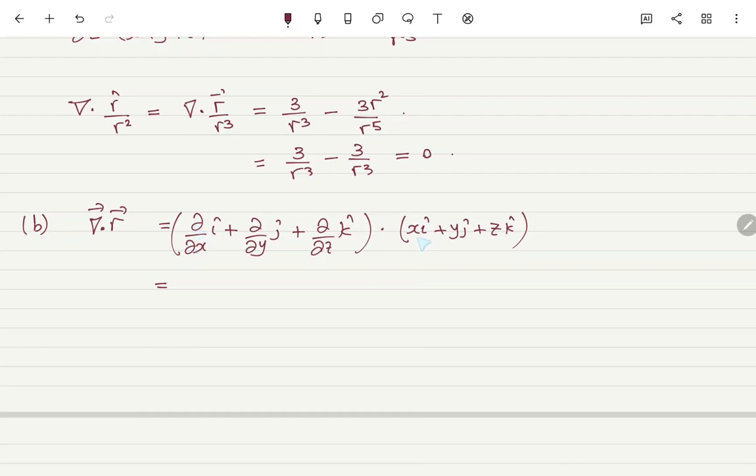Partial x of x is equal to 1, plus partial y of y is equal to 1, partial z of z is equal to 1. So the answer will be equal to 3. Divergence of r is actually equal to 3, and this is another important quantity in physics.